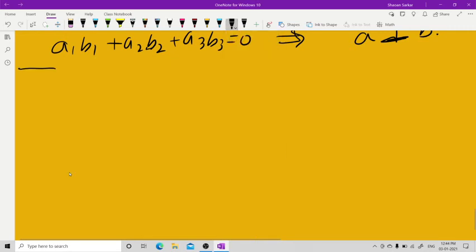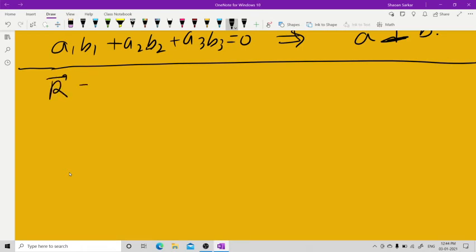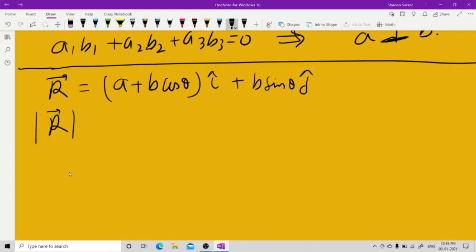Now you have R vector is equal to (A plus B cos theta) i cap plus B sine theta j cap. Now R modulus, similarly the way I did it, is R vector dot R vector.